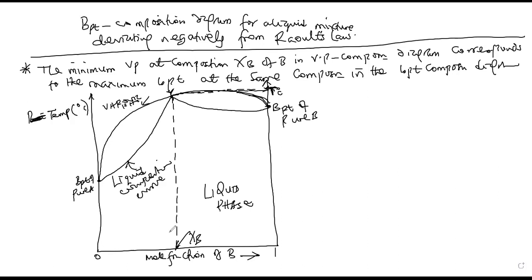So we are going to look at how we carry out fractional distillation in a case of the liquids which deviate negatively from Raoult's law. So let's look at how we fractionally distill. I'm going to redraw something.